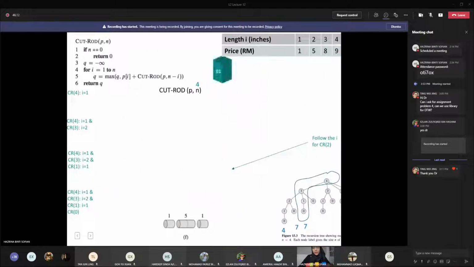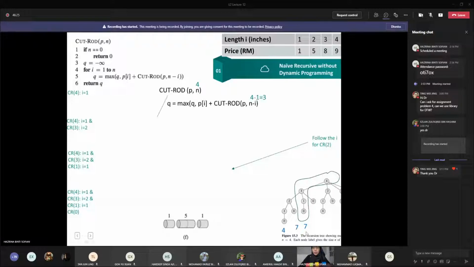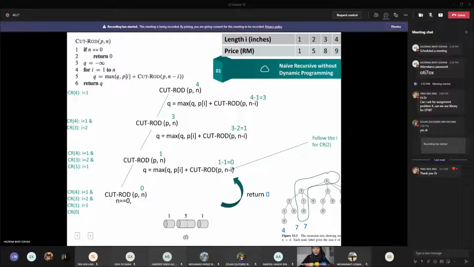Then we have the third scenario. You see here, this is how this tree looks. Here we return 4 ringgit. Here we return 7 ringgit. Here we return 7 ringgit if we do the same way.